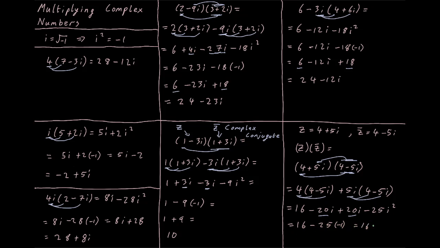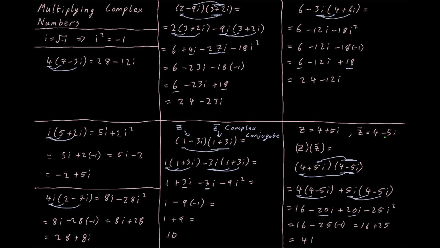So I end up with 16 plus 25. So I end up with 41. Again, a real number because I was multiplying my complex conjugates together. And all that happens for complex conjugate is I change the sign of my imaginary part.